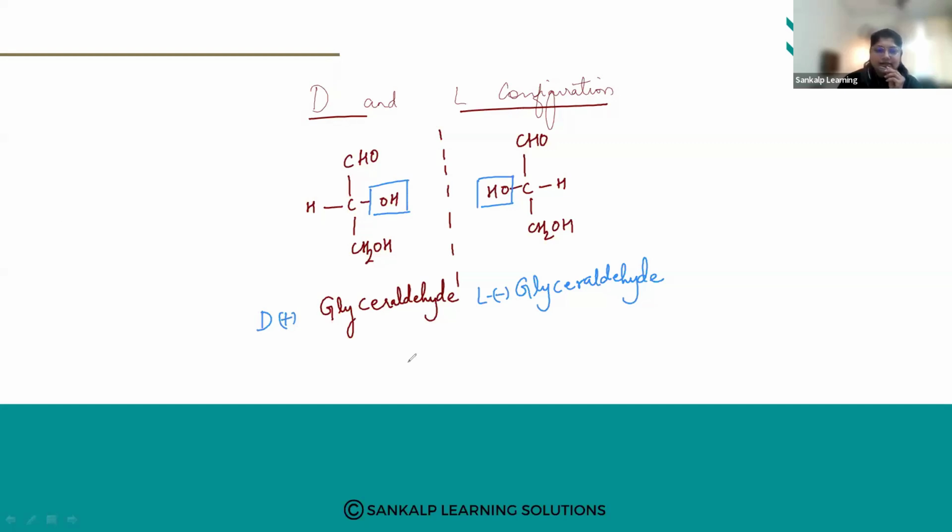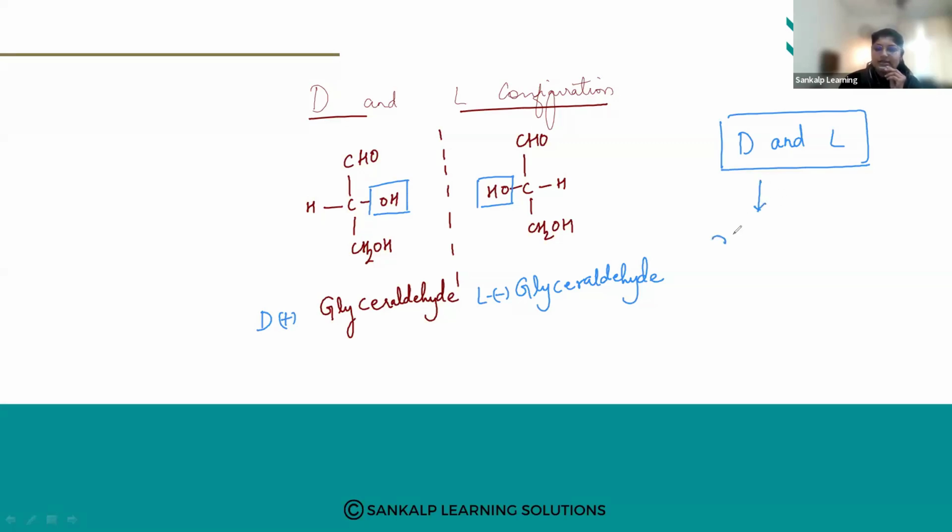So these letters, D and L, capital D and L, are written in front of the name of the compound. What does this indicate?